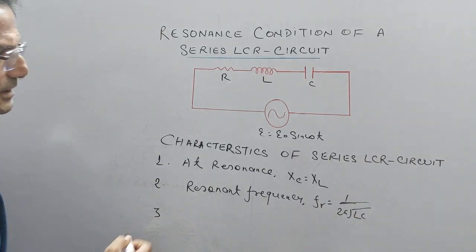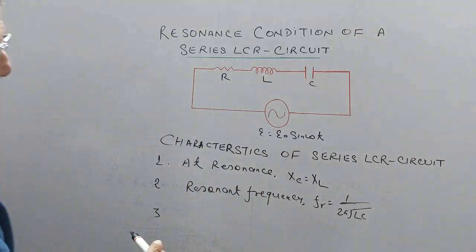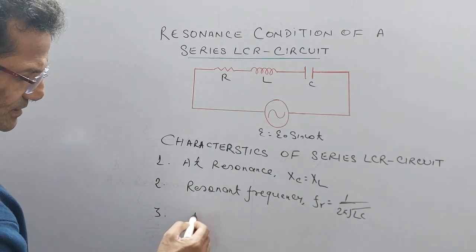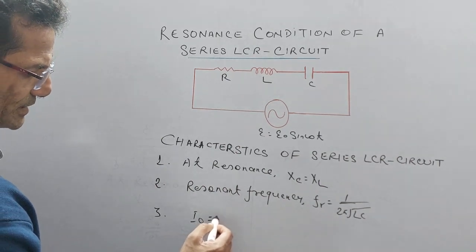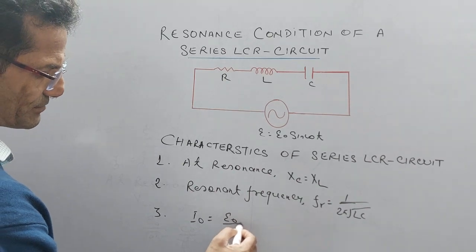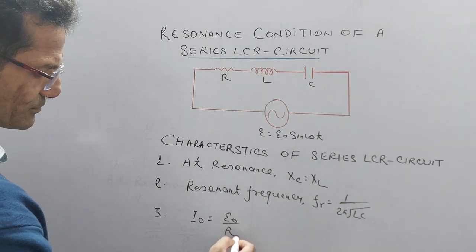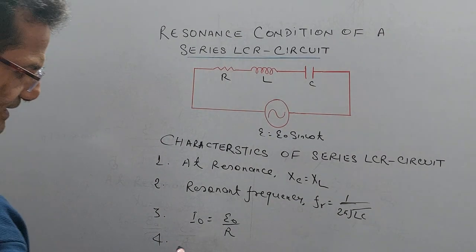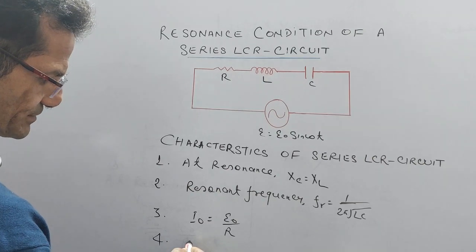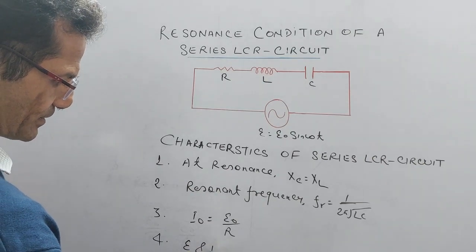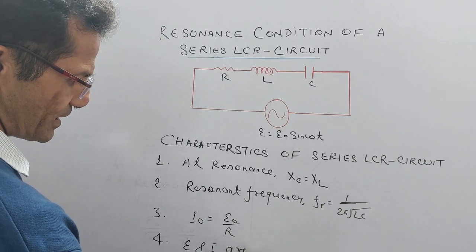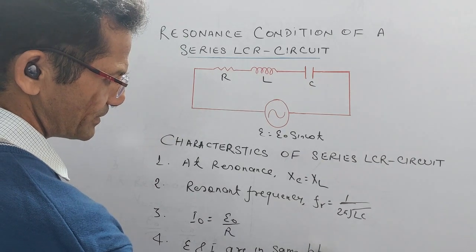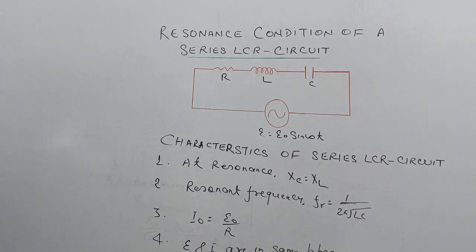Third point, at resonance we have maximum current, equal to the voltage amplitude divided by the ohmic resistance. Fourth point, the voltage E and current I are in the same phase. The phase angle between them is equal to 0.